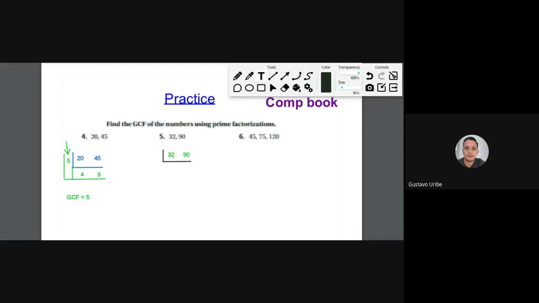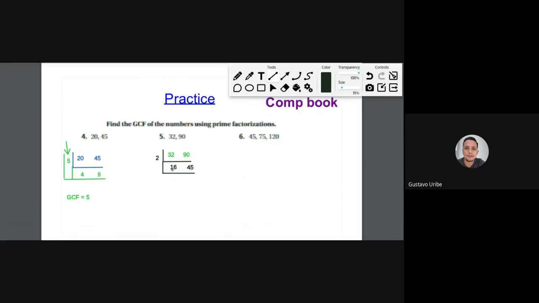All right, so let's see. They're both even, so I know they're divisible by 2. This would give me 16 over here, whereas this would give me 45. I can try this again and see if there's anything else that these two have in common.